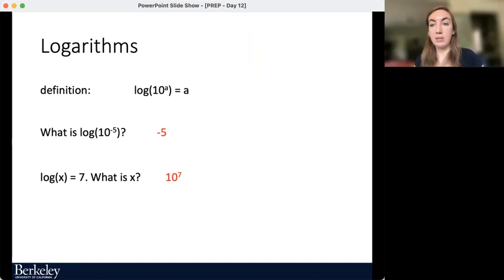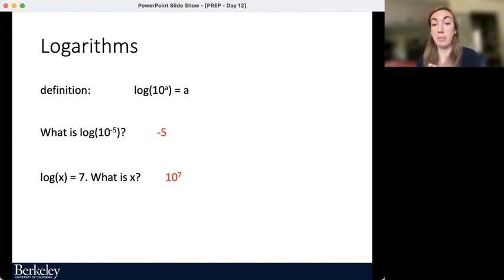Unless someone tells you otherwise, you should assume that the base is 10. I could ask you, what is log base 5 of this? But I would have to say it. So if I just write log of x is 7, you should assume that it's base 10. But it would be the same rules.